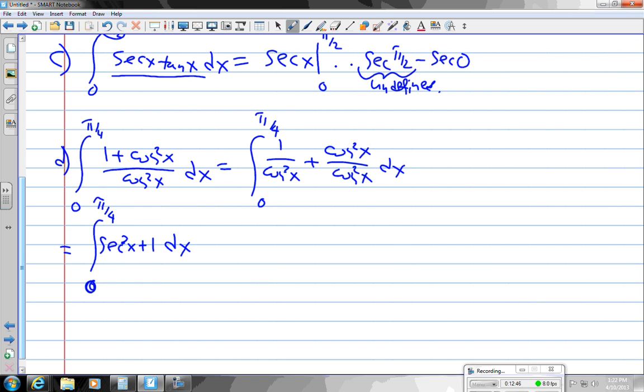The integral of secant squared is tangent. So this is tangent x plus x, evaluated from 0 to pi over 4. So tangent of pi over 4 plus pi over 4 minus 0. Tangent of pi over 4 is 1.